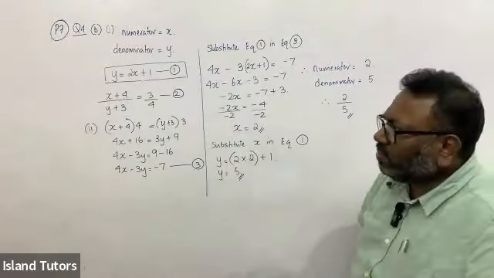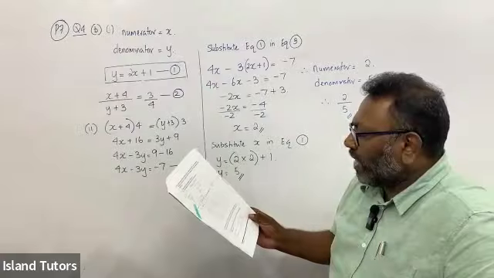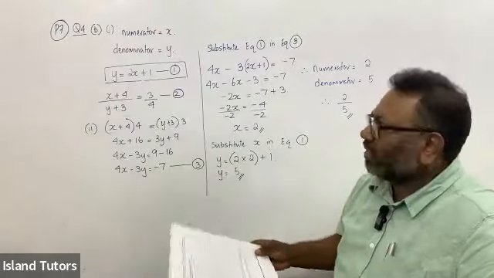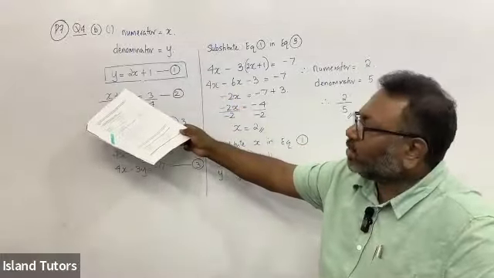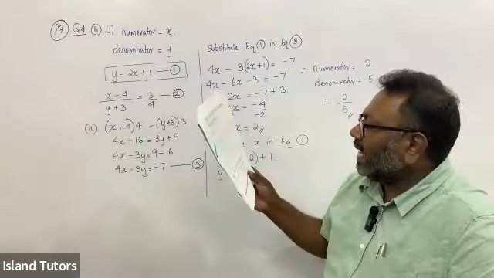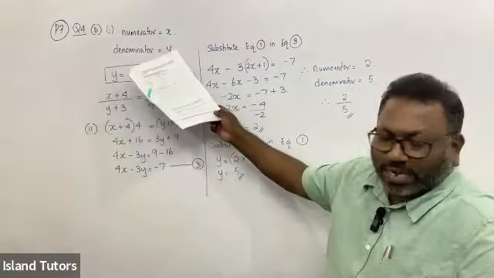Then they are saying when 4 is added to the numerator, and we know the numerator is x, so 4 added to the numerator means x plus 4. And 3 is added to the denominator, which we said is y.